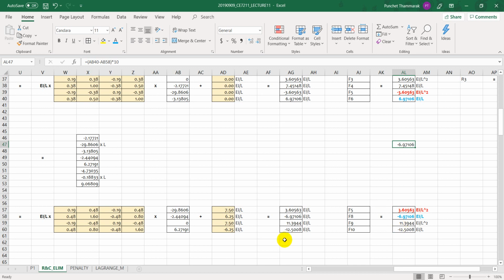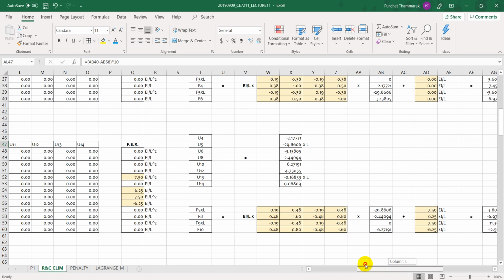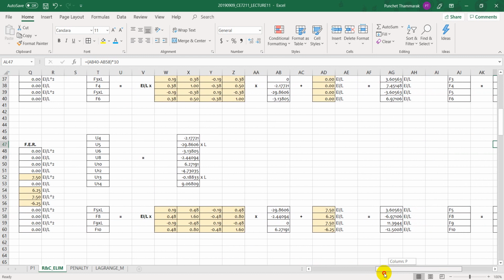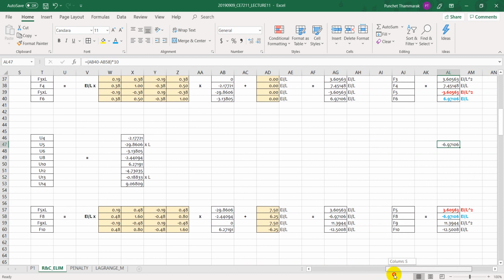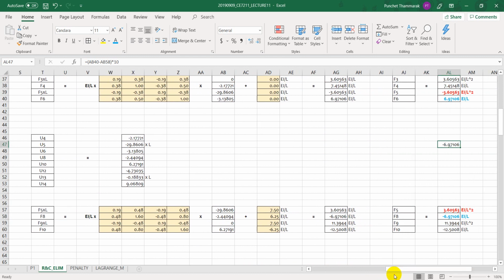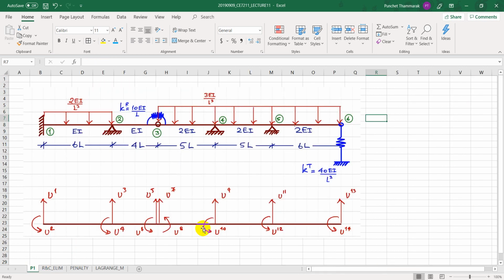Now move forward, so we come to the F9 and F10. F9 is a support reaction, but again it is just on one side, so you have another beam that contributes to this support reaction.